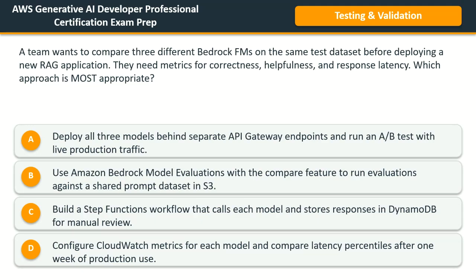Why are the other answer options incorrect? A and D require production traffic. That is too risky. C doesn't scale and relies on manual review. For model selection on the AWS exam, evaluate before production, not in production. The correct answer is B.